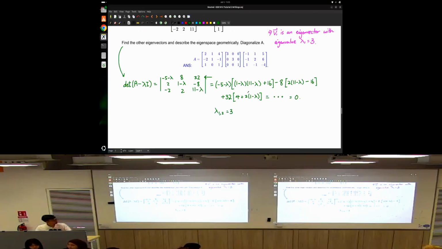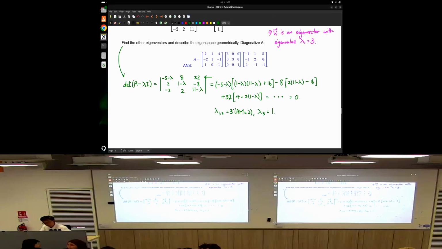If I solve the cubic equation using a calculator, I will get lambda 1, 2 equals 3. That means there is a repeated eigenvalue with algebraic multiplicity of 2. Let me write AM equals 2. Then the other one will be lambda 3 equals 1. So these will be my eigenvalues after I solve this long cubic equation.